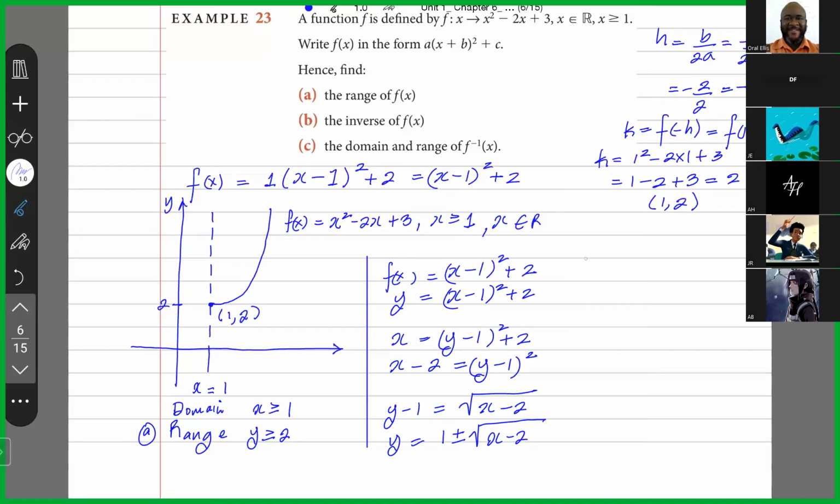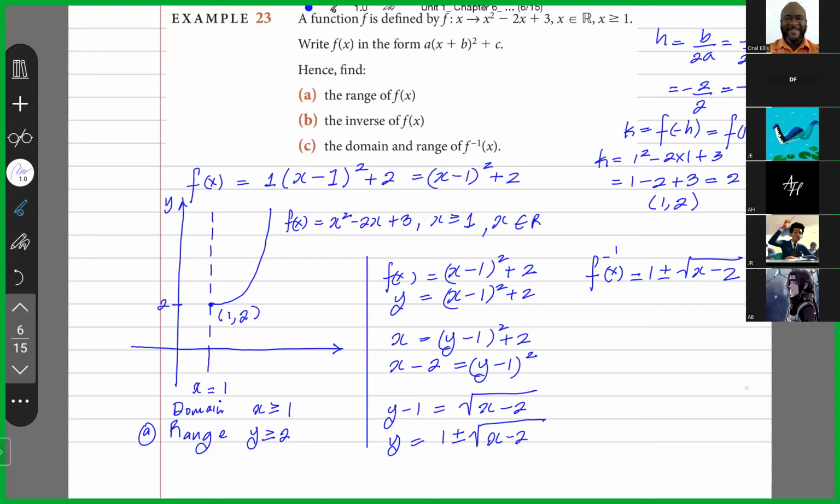So my final step is to say f inverse of x would be equal to 1 plus or minus the square root of x minus 2. That's the inverse of the function. But please remember, the inverse of a quadratic function does not exist unless you limit it.